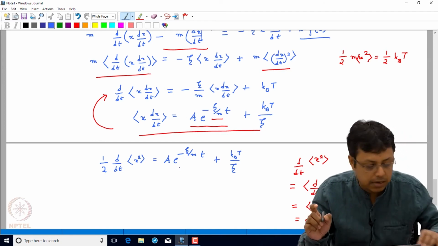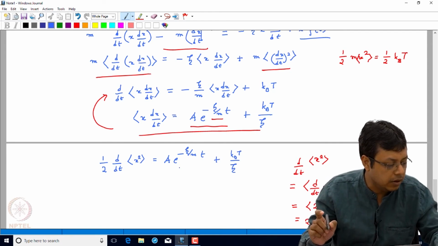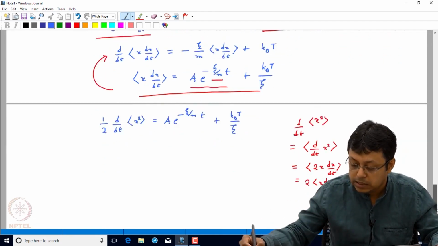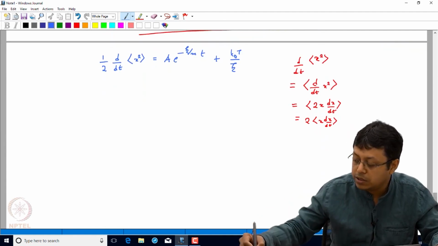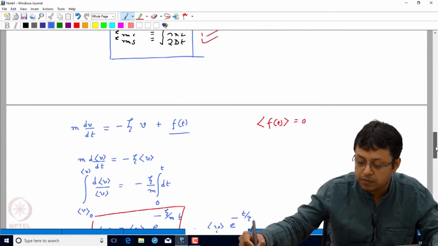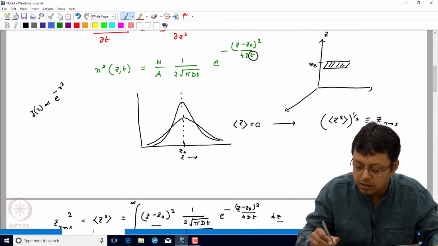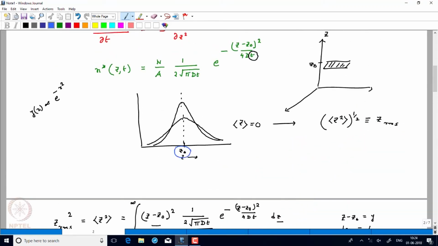If you remember our original description of diffusion, where we wrote this figure, I was starting from z0. Earlier I was using z notation, right now I am using x notation, so x squared average is the quantity we are going to calculate eventually.